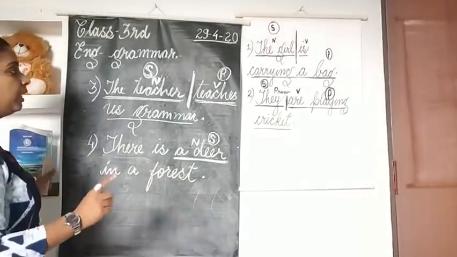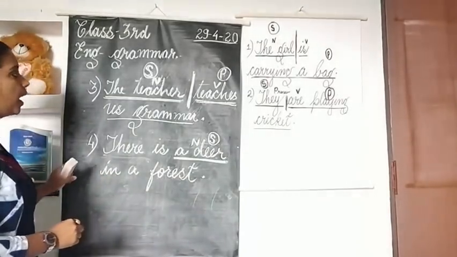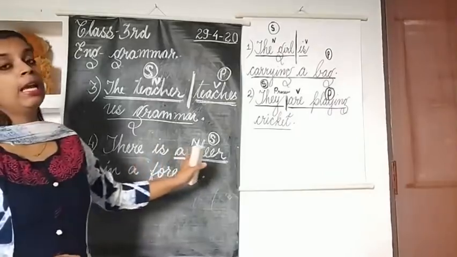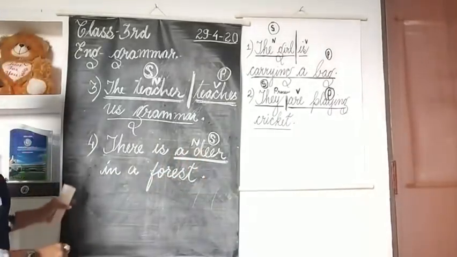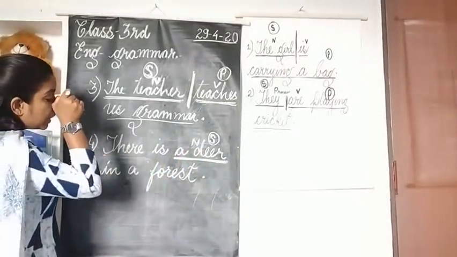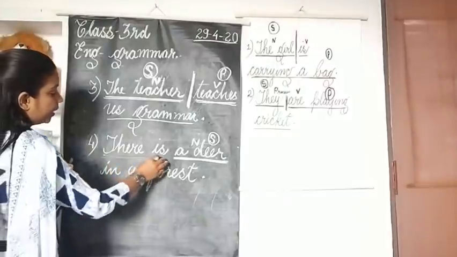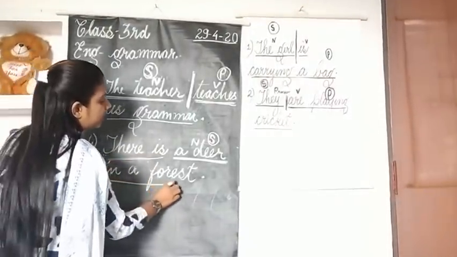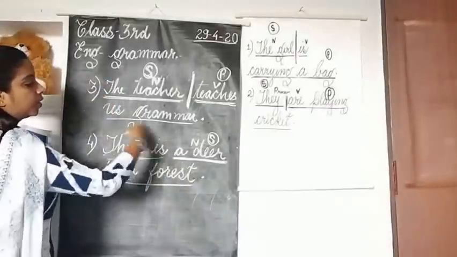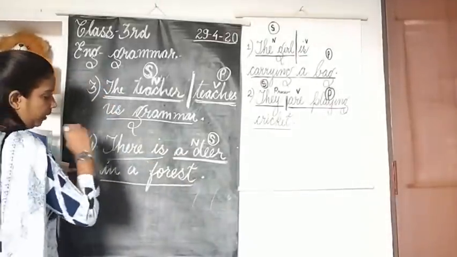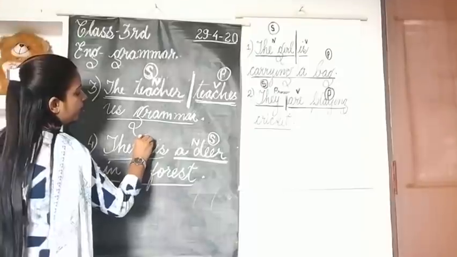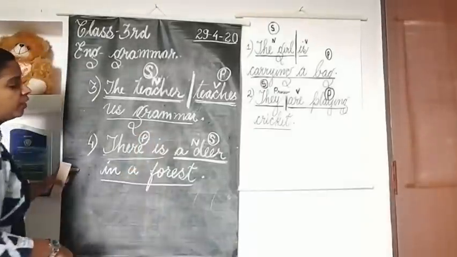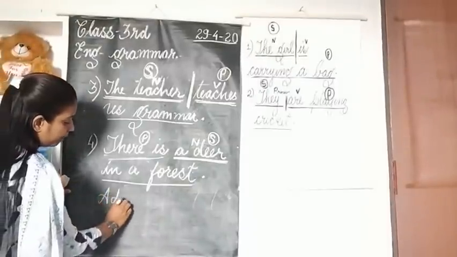So you have to keep all these things in your mind when you are asked to separate subject and predicate in a sentence. Now you can see this part of the sentence, 'is there in a forest'. Since it is telling us something, it is describing a deer, this will be the predicate part. How will you write it? You will write 'a deer' as the subject part.